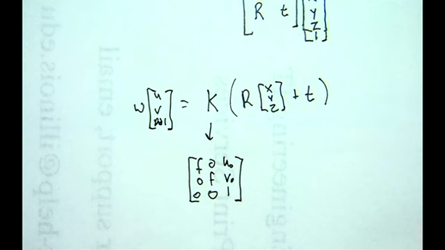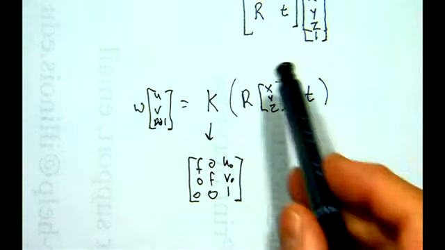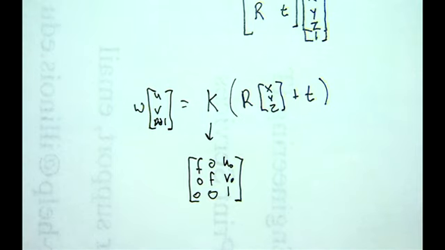So one thing we could do is, if we know R and t, how do we figure out the camera's position in world coordinates? Because R and t basically map a world point into the camera's coordinate system. So what if we want to map the camera's coordinates into the world coordinate system? For example, if we want to say, what is the position of the camera and what is the direction that the camera is facing in our world coordinates?